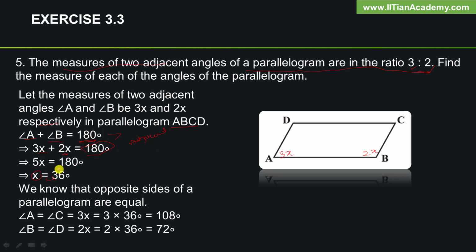Hence A equals 3x equals 3 times 36 equals 108, and B equals 2x equals 2 times 36 equals 72. We know that opposite angles of a parallelogram are equal. Hence, A equals C equals 108 degrees and B equals D equals 72 degrees.